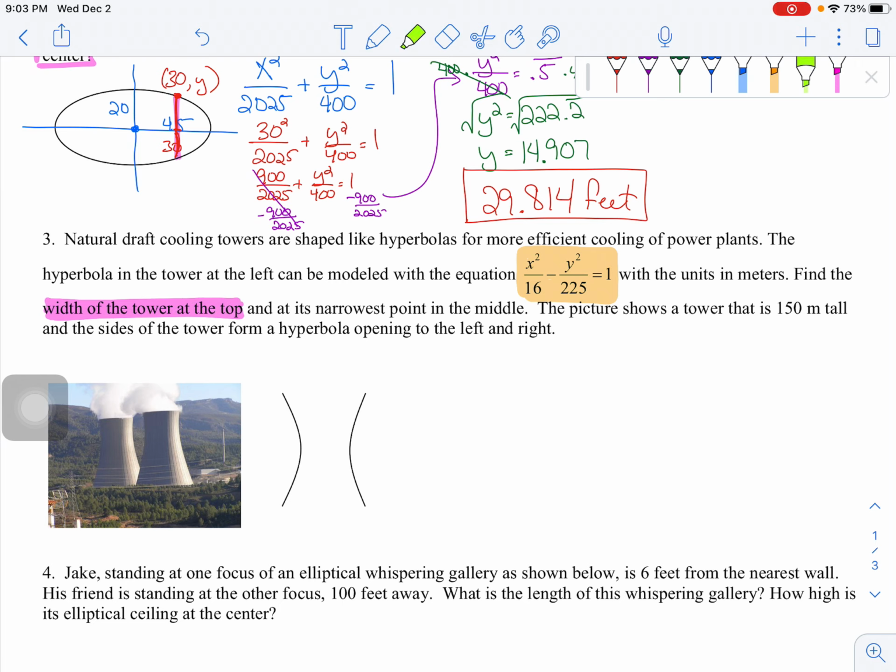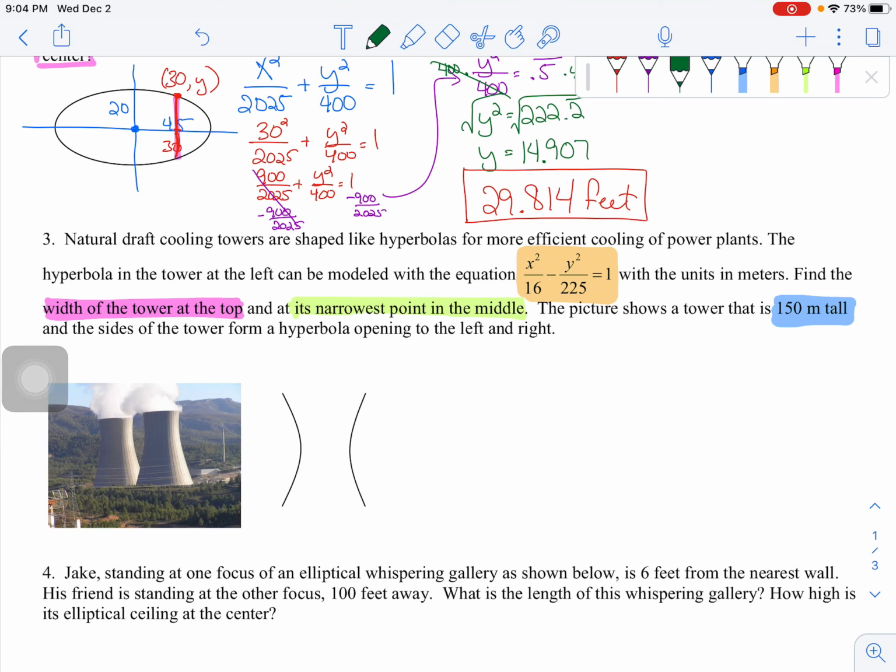So that's going to be our first answer. And we also want to find the width at its narrowest point in the middle. Okay. And last but not least, the picture shows a tower that is 150 meters tall. And the sides of the tower form a hyperbola opening to the left and to the right.